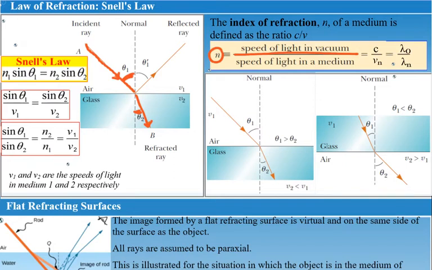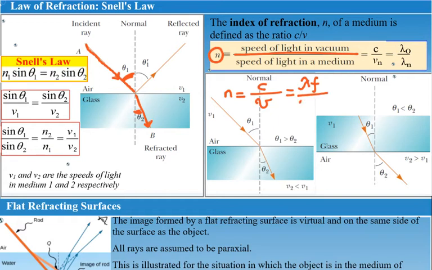Then when waves go from one medium to another, they don't change their frequency, because the frequency depends on the source of the waves, so frequency stays the same. If you look at this formula, n is equal to the speed of the light over the velocity in the medium, and the velocity of the wave is equal to lambda times the frequency.